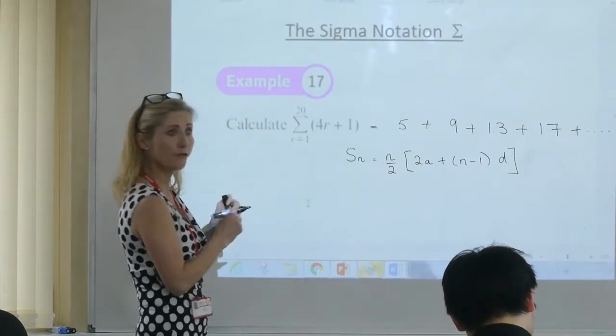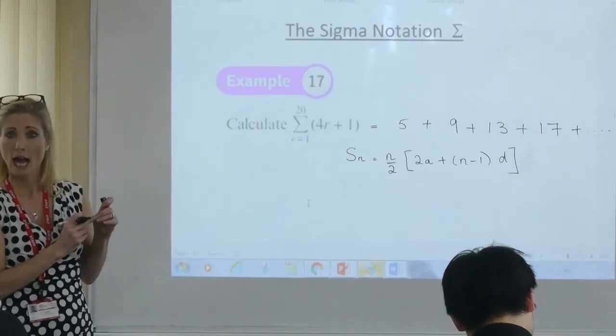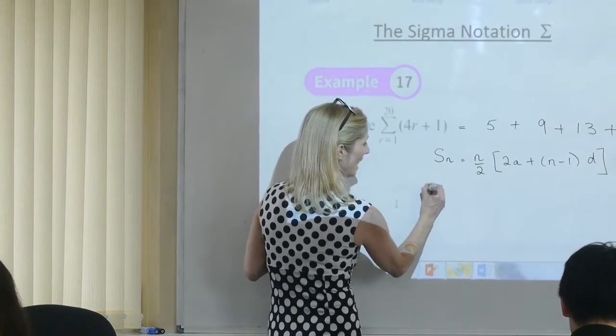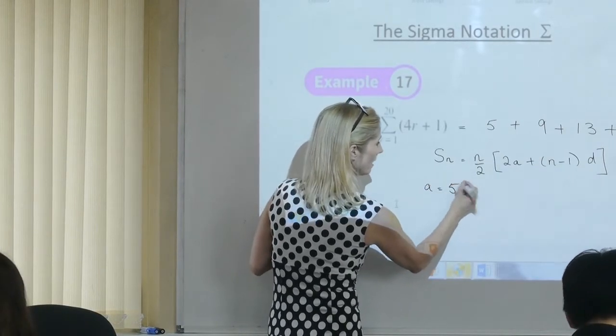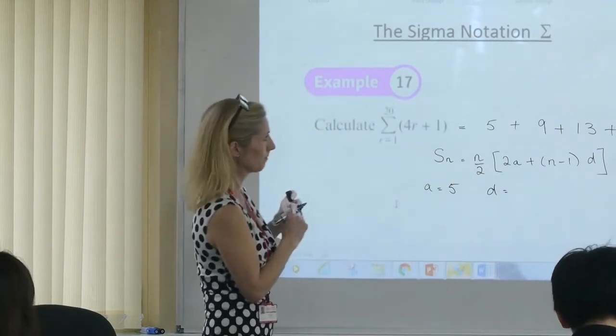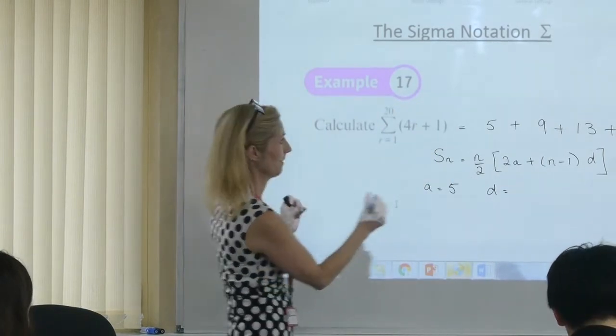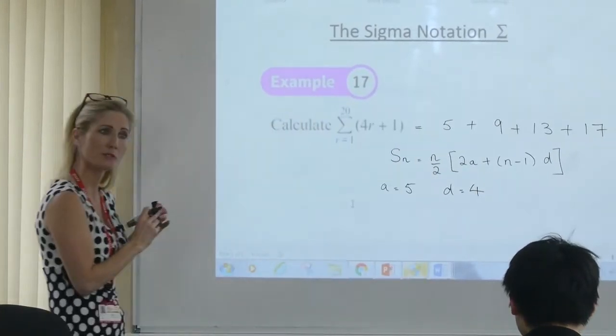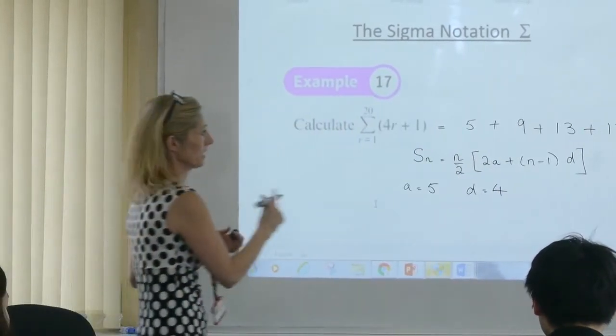So what is your first term then? What's your a value? 5. Right, Ryan, what's your d value? 4. Brian, how many terms have you got? 20, good.